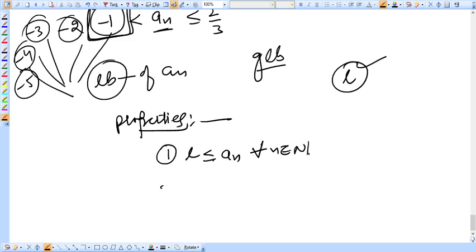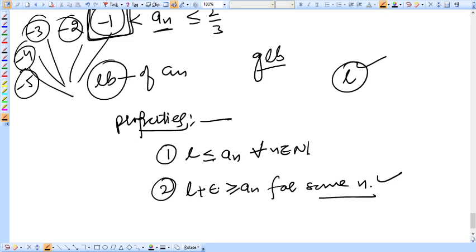Second property: if I add something to this lower bound, then it would be no more the greatest lower bound, not even a lower bound. If it is not a lower bound, then some term must exist which is smaller than it, for some n. So these are the two properties of the greatest lower bound.